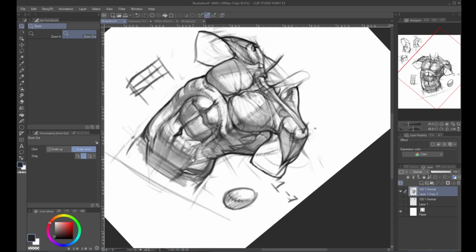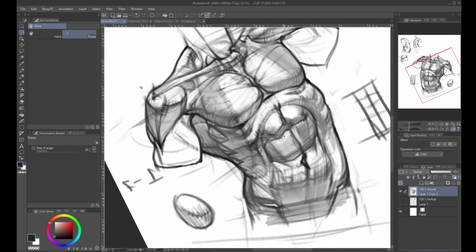Now let us decrease the contrast on the side a little bit.